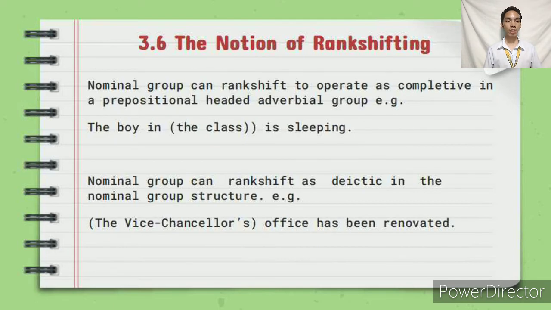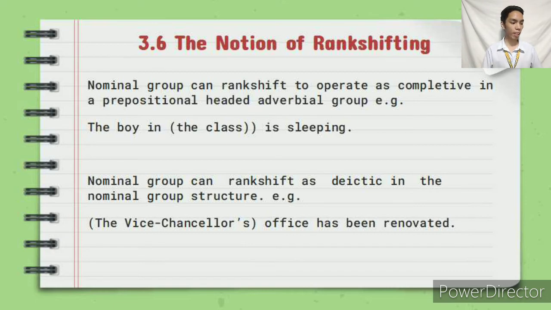Nominal group can rank shift to operate as completive in a prepositional headed adverbial group. For example, the boy in the class is sleeping. Okay, so the class here, which is the nominal group or the noun phrase, functions as a completive in this sentence. Next, nominal group can rank shift as deictic in the nominal group structure.